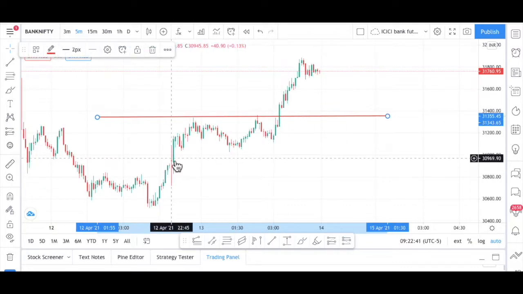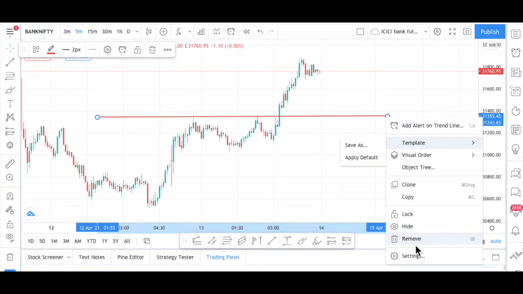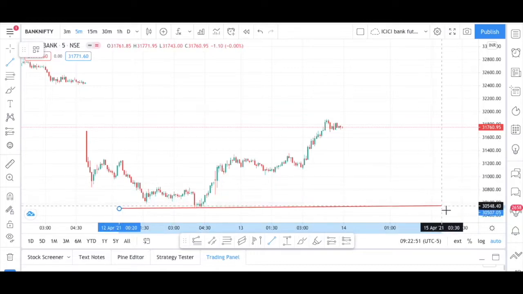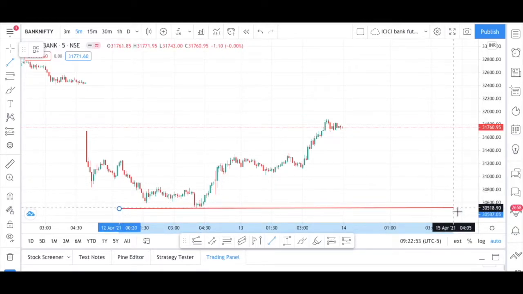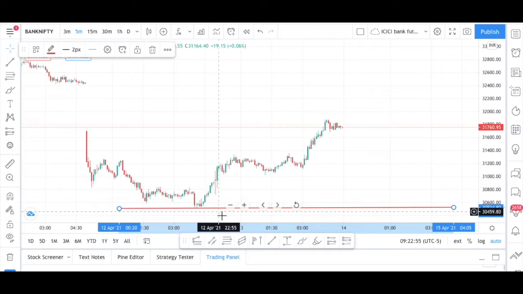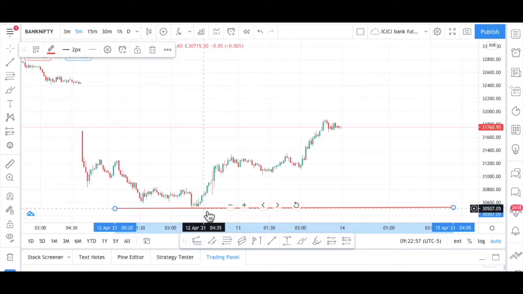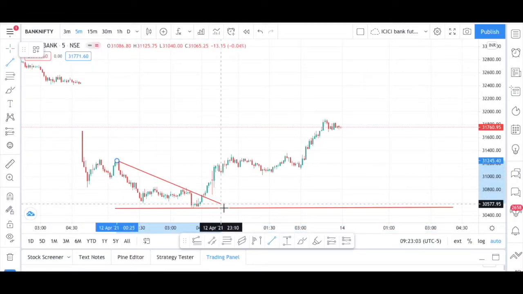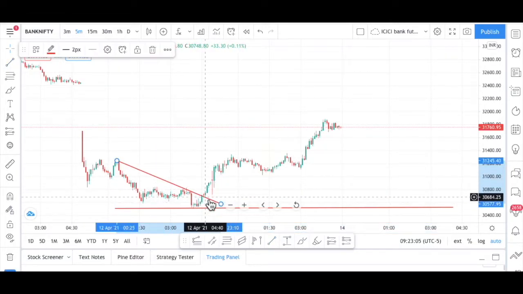The market opened here, okay, so I was just waiting to see what's going to happen. The only support that I had marked for today is this level. I was expecting if we break down below this, we could go further down, and the other trend line was here, which was broken yesterday itself.